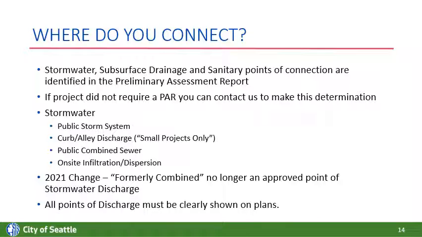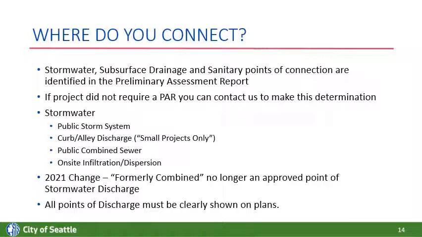Some of these projects could require a main line to be extended so that they could connect to the public storm system, or for sanitary, if there's no available sanitary, a sanitary main might need to be extended as well. But again, it really depends on the project.